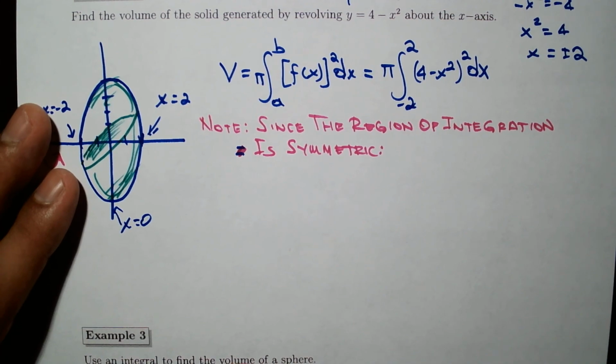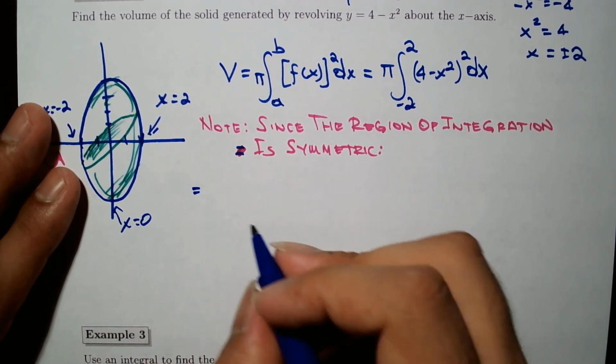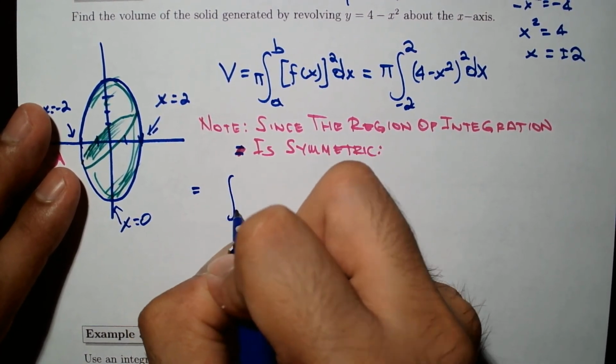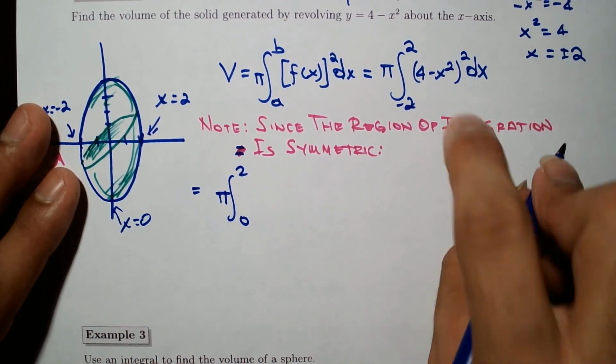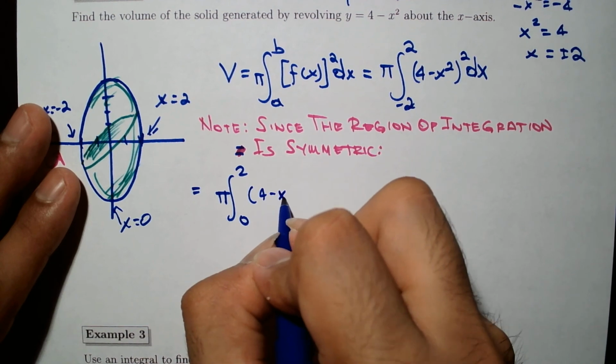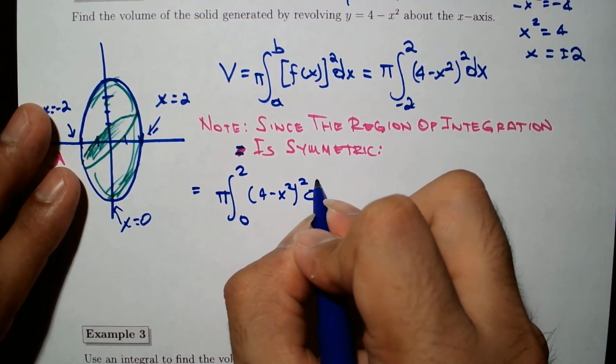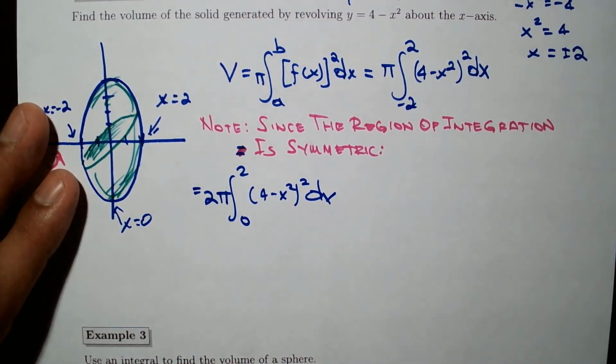So this will be pi times the integral from 0 to 2 of (4 minus x squared) quantity squared dx, and multiply that by 2.